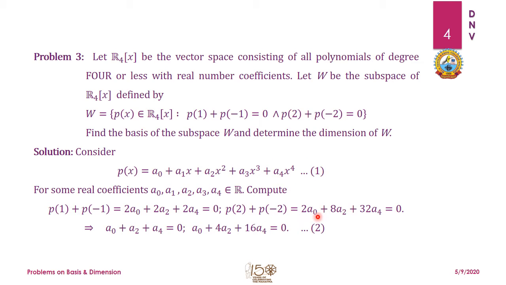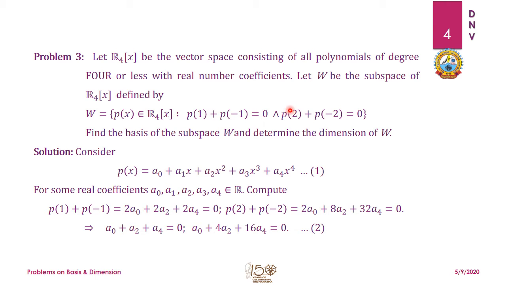We get 2a0 plus 8a2 plus 32a4. These are the two equations we have got, and if we divide the equations by 2, we get a0 plus a2 plus a4 equal to 0 and a0 plus 4a2 plus 16a4 equal to 0. Let us denote this by equation number 2.